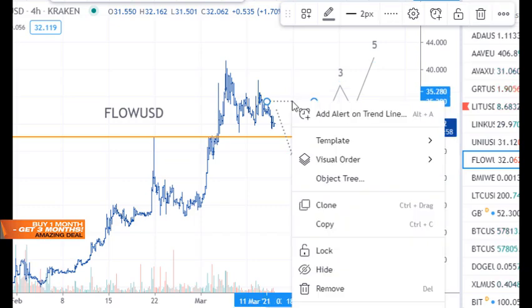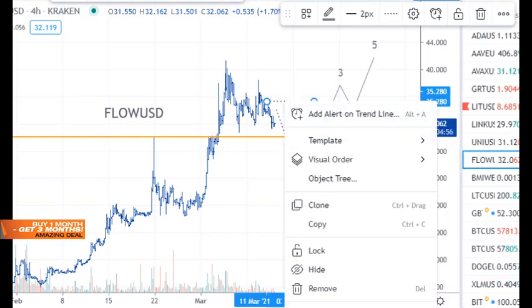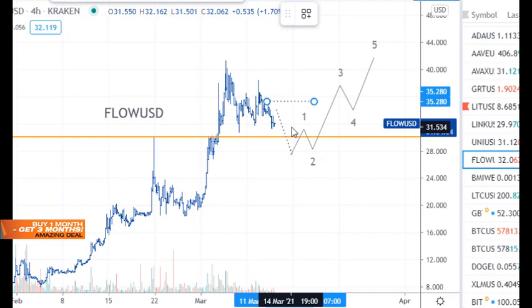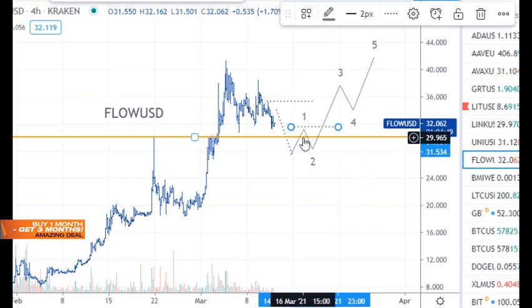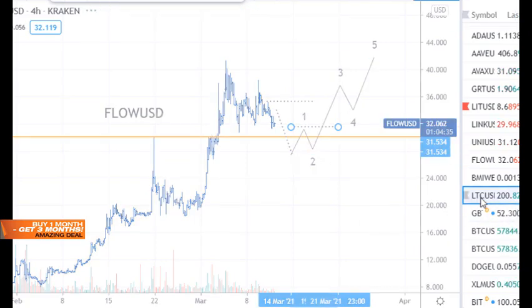So that's the next entry point there. It's nice if it drops below the level. I don't know if this is going to happen, but this does appear to be a corrective A, B, and C wave here, with the C wave not finished here. So look for a better position to go in there.